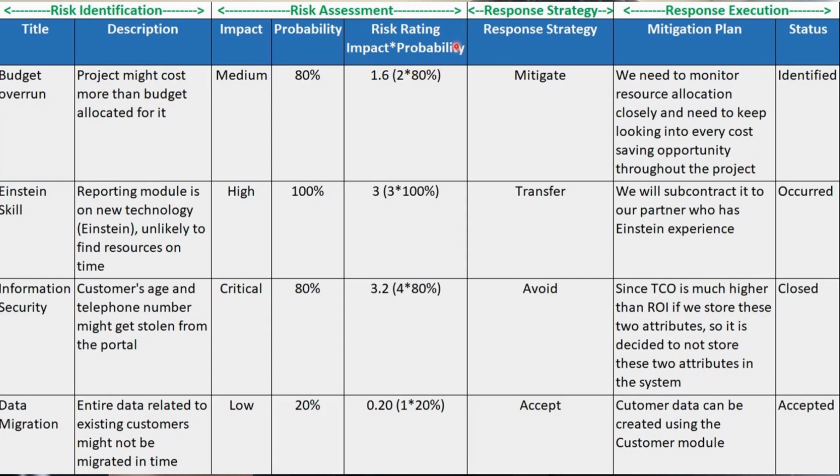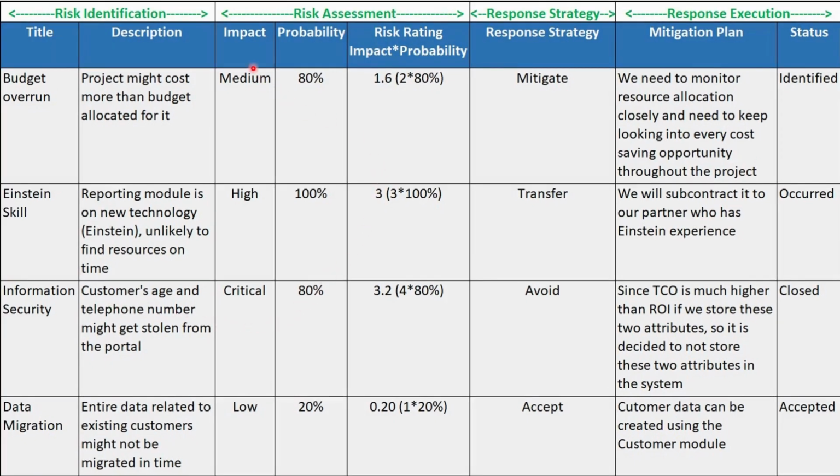Risk rating column here is a calculated column. It is a multiplication of impact and probability. The impact, which is low, medium, high, and critical, is translated into a number. I have assumed number 1 for low, number 2 for medium, 3 for high, 4 for critical. You can assume any number for your project, but make sure that stays constant throughout the project.